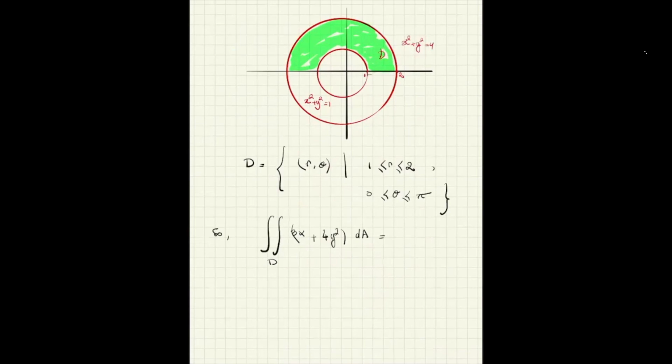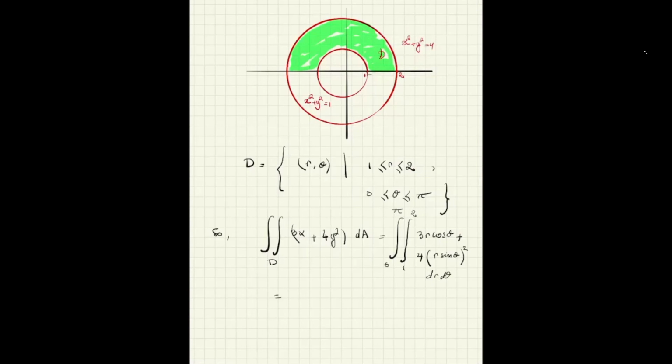So this will be given by the integral over the region D. Now you have to make sure that 3r cos theta plus 4, now you have to make the substitution y equal to r sin theta, squared. And now you have to integrate; because it's a rectangle, it doesn't matter which order you start with. So dr d theta, r is between 1 and 2, and theta is between 0 and pi. And that's it.